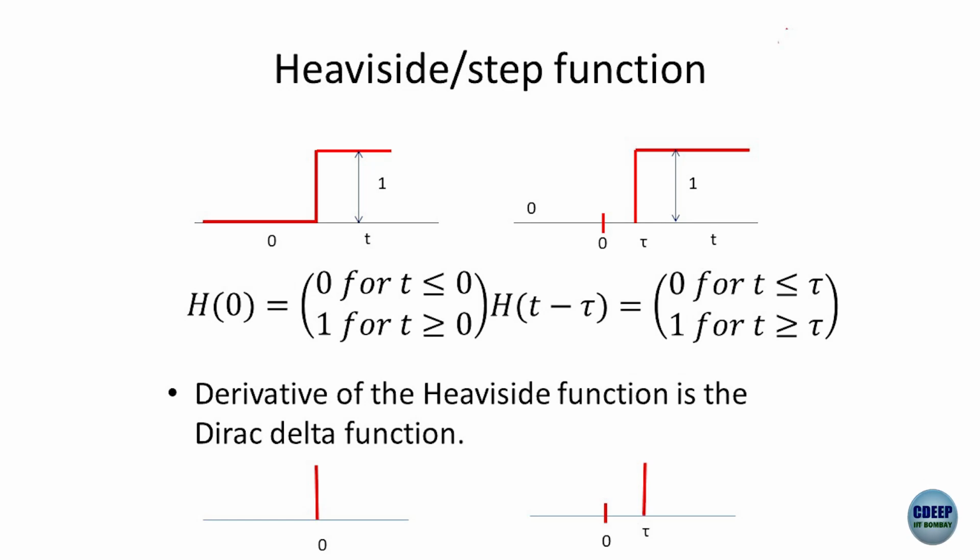So t minus tau, whatever is there within the brackets, I make it equal to 0. So for t less than tau, this fellow is 0 and for t greater than tau, this is equal to unity. Okay, so that's the definition of my Heaviside function.